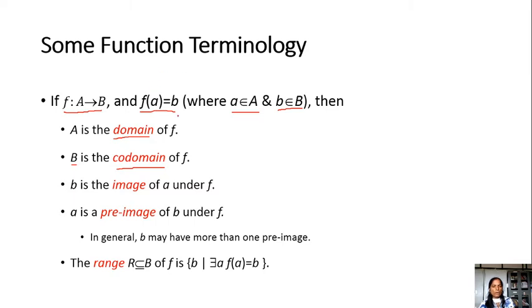And if you have f of a equal to b, then this small b is called the image of a under f, and conversely this a is called the pre-image of b under f.